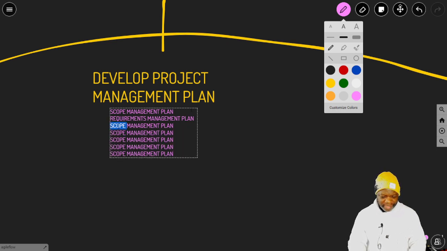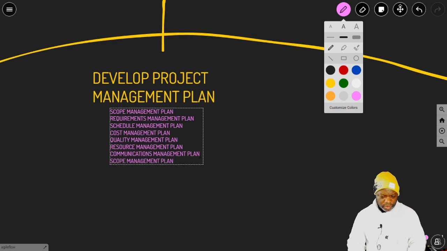A schedule management plan, a cost management plan, a quality management plan, a resource management plan, a communications management plan, a risk management plan, a procurement management plan, and last but not least, a stakeholder engagement plan.